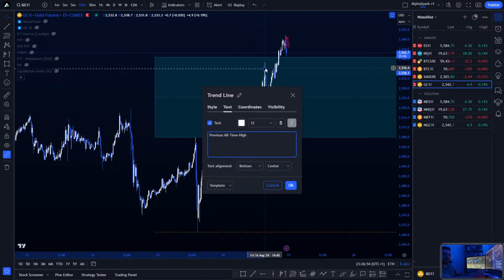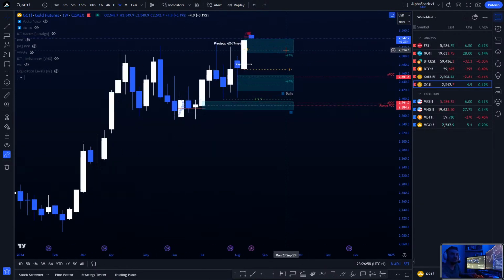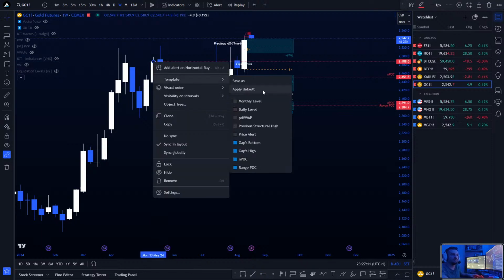One thing that generally happens is at all-time highs we have levels. Let me just check if these guys might have confluence for us. Could be. These guys could have confluence.